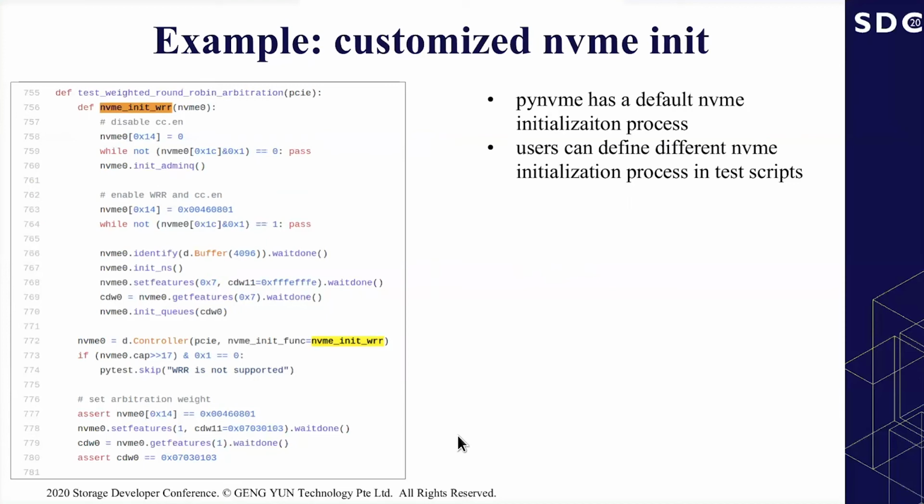In this example, we enable the weighted round-robin arbitration feature, or WRR, in the user-defined NVMe init function. We then init the controller with this different init function. And now we can test the WRR features in the following scripts.